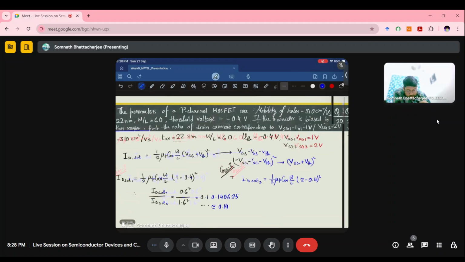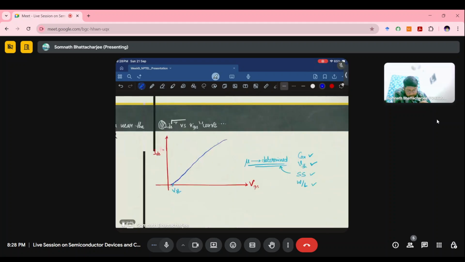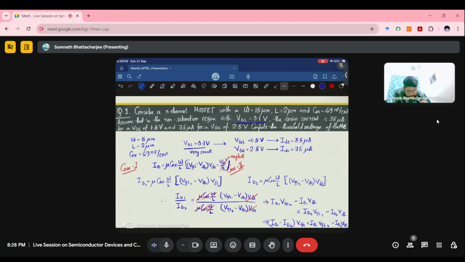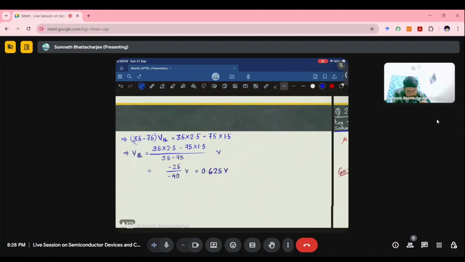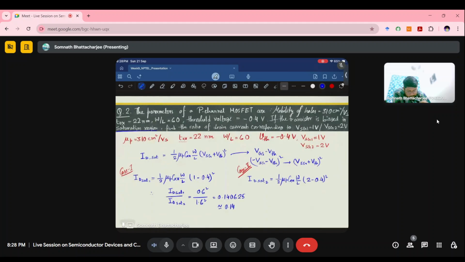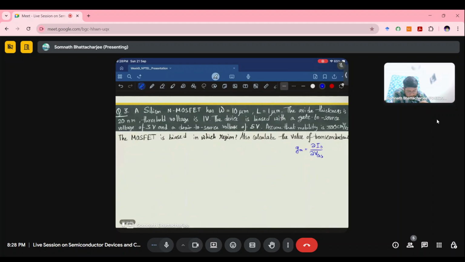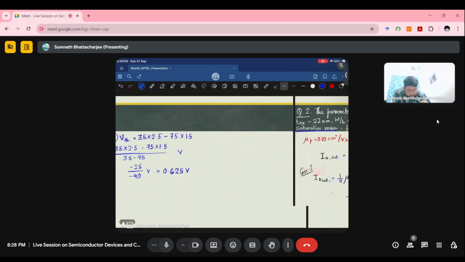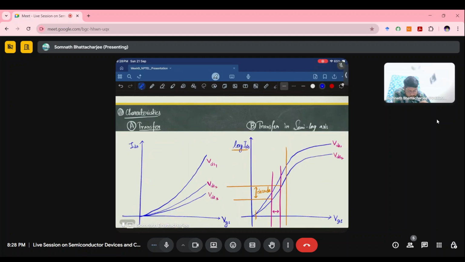So how to do this? From here we can directly get the del ID by del VGS.